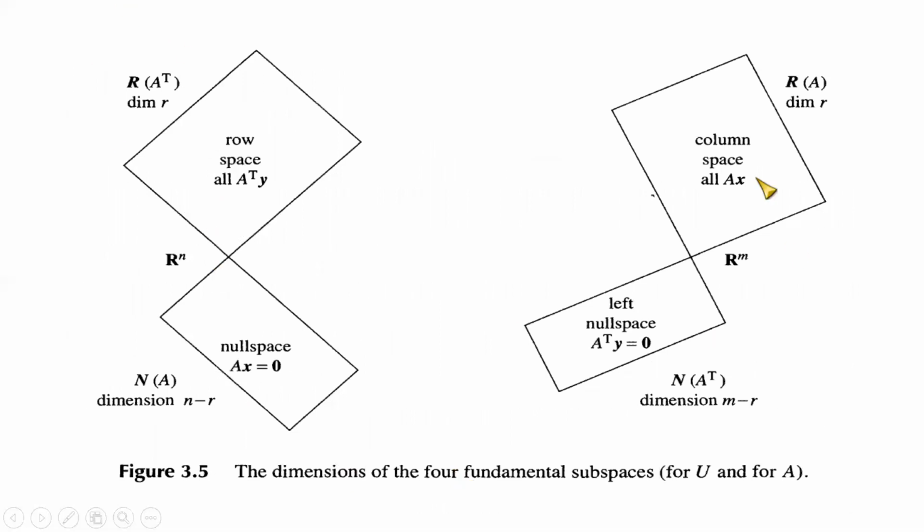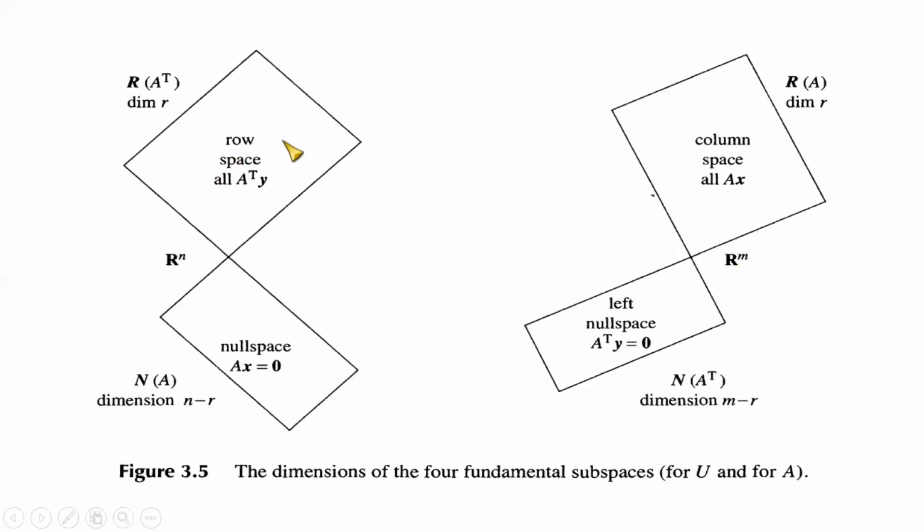So this gives us the four different dimensions. This figure shows the four different fundamental subspaces with their dimensions. Here you can see that this corresponds to R to the power n space, and this corresponds to R to the power m space.